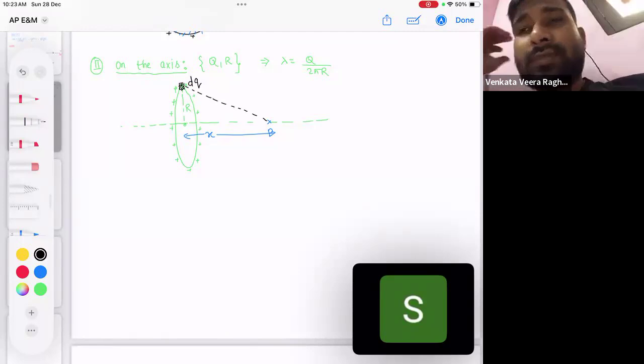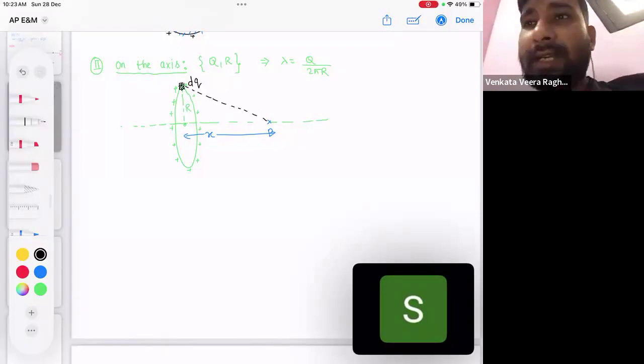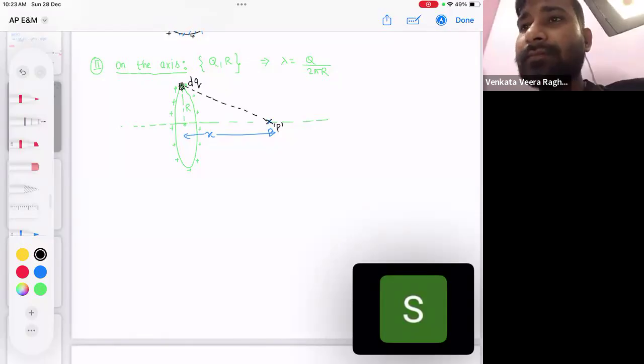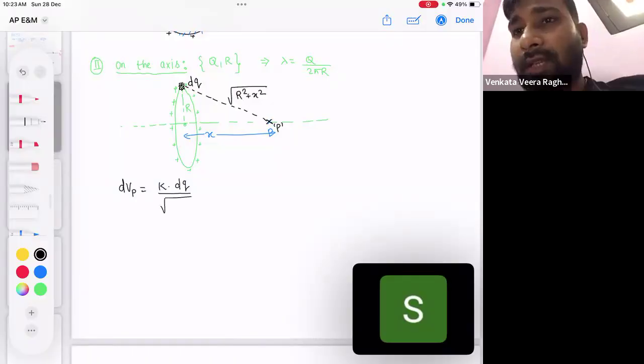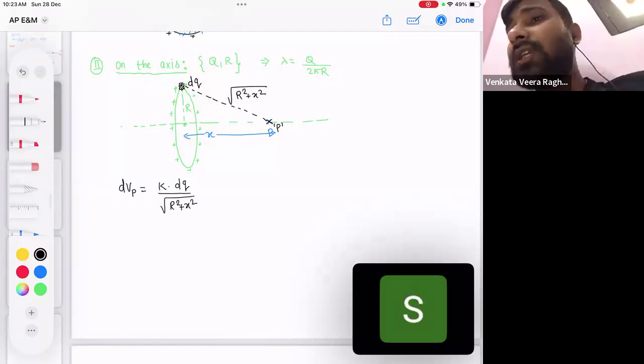I will calculate due to this small element dq, what is the potential at this point P? The small potential at point P will come K dq divided by, can you tell me what is this distance? Root of R square plus x square, isn't it? So K dq by distance, that is how we calculate the potential at a point.